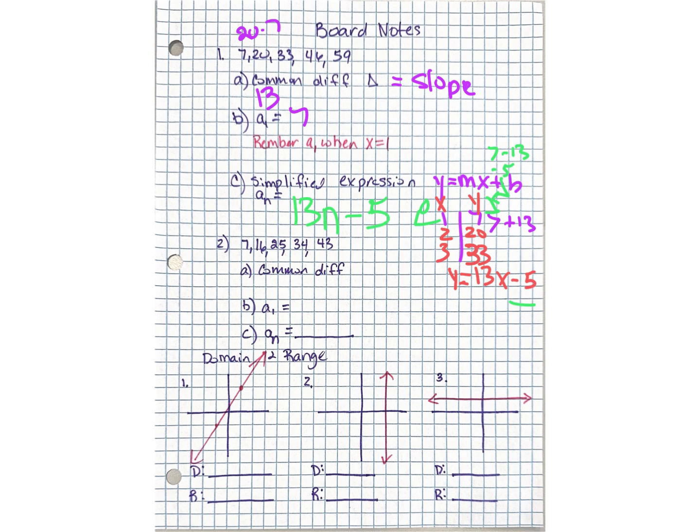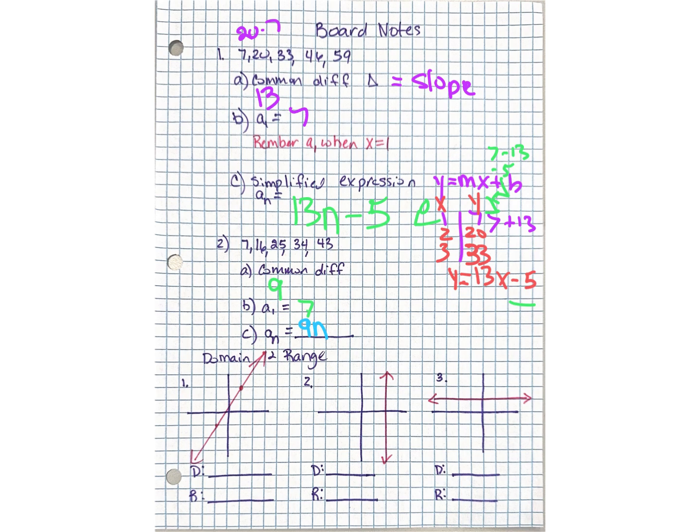So number 2, same type of problem, 7 and 16. So 16 minus 7 is 9, so we're going up 9. And then a sub 1, our first term, is 7. And then our equation, so our change is 9, so that's going to be 9n.